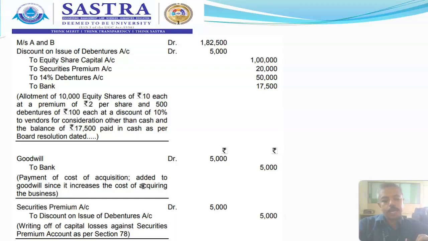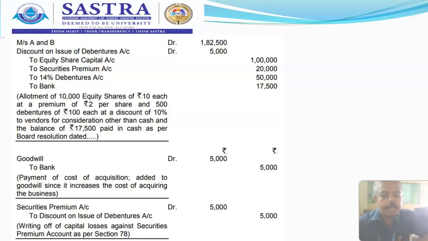The 1,82,500, as we discussed earlier, we can distribute in 3 forms. What are the forms you remember? Yes, equity share capital, debentures, and balance in cash. So in 3 forms we are settling the purchase consideration. So from that journal entry, we now have to settle.